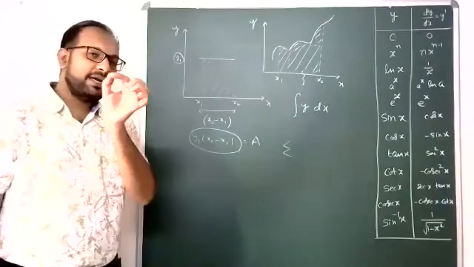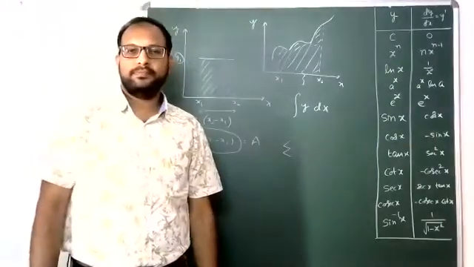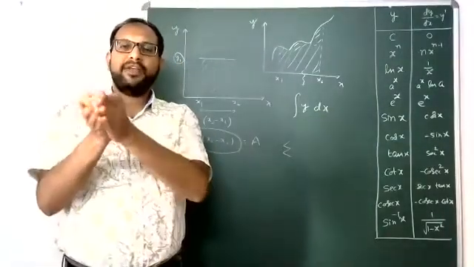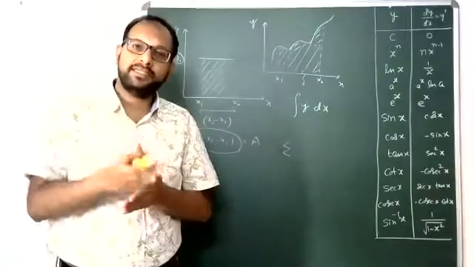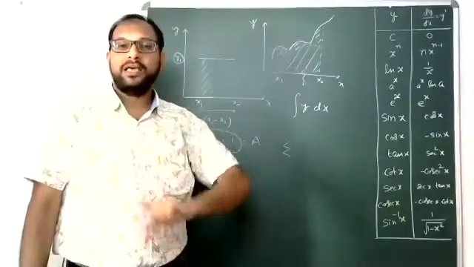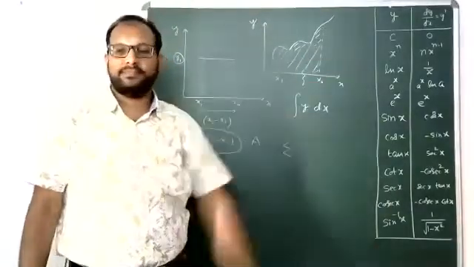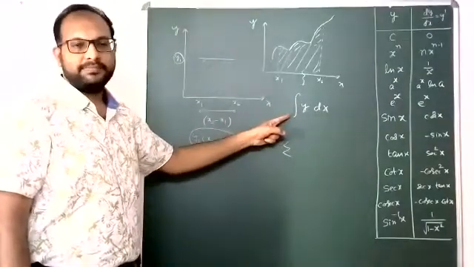But instead of discontinuous numbers, suppose continuous numbers are there. In between 1 and 2, many numbers are there: 1.1, 1.11, 1.111, 1.0009, many are there. All this addition is represented by the symbol integration.